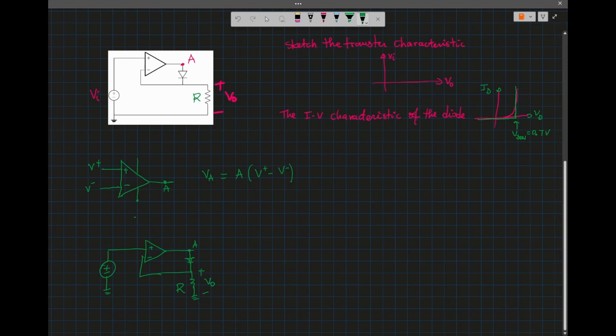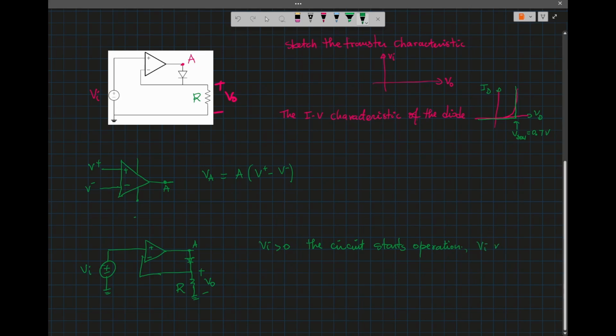So when the input voltage VI is positive, okay, the circuit starts operation. VI has to exceed some small voltage, right?